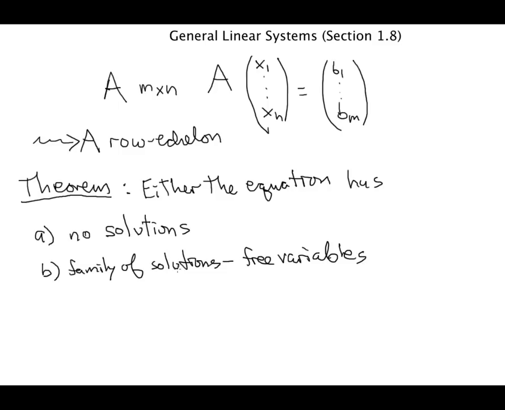And so in this second case, you can break this down into two subcases. B1, there's a unique solution. That's what happens when the number of free variables is 0. There are no free variables.